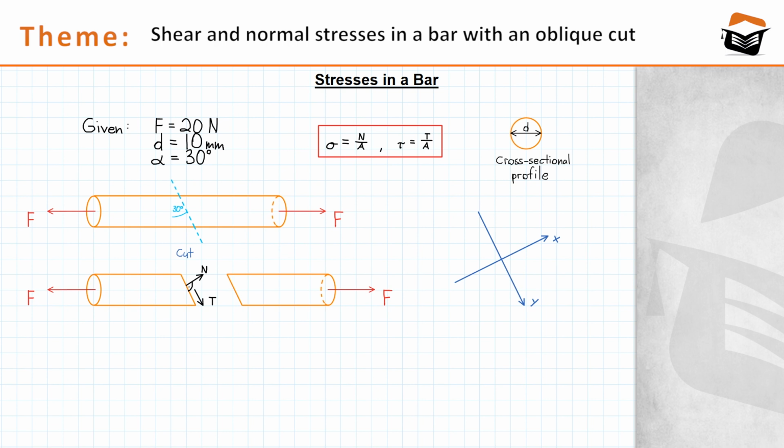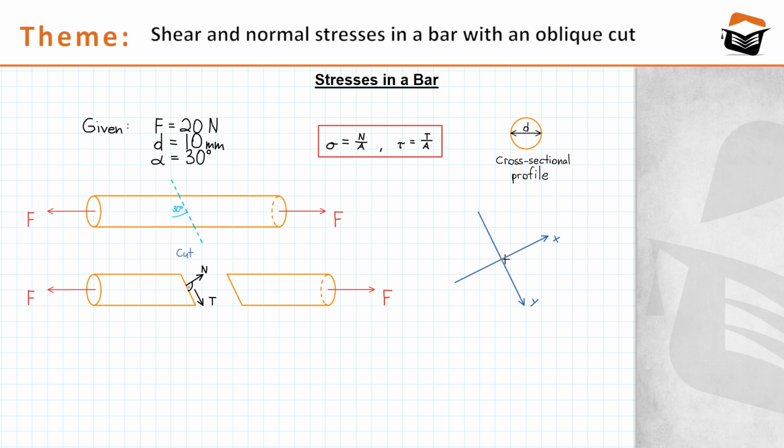One convenient way to set up the equilibrium conditions is to establish an axis system that is aligned with the normal force and the tangential force. And such a coordinate system is shown here. As you can see, that coordinate system is rotated counterclockwise by 30 degrees, which is consistent with the angle towards the vertical.